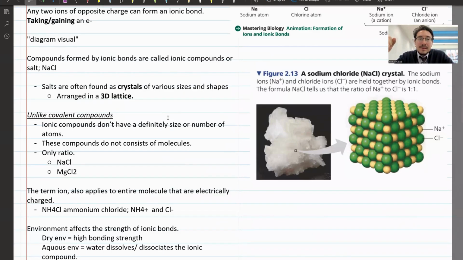Okay, and these crystals can grow and grow and grow, so they don't have any fixed shape as you would see in covalent bonds, like biological molecules like the cell membrane or cholesterol, for example, right? So they're usually found as crystals, right? And these crystals can vary in sizes and shapes depending on the properties of the lattice and of the atoms. Okay, so you have this 3D lattice that you see here, or this 3D mesh.